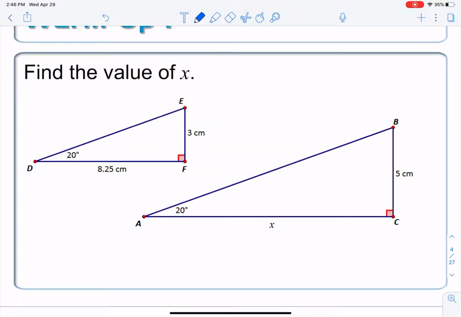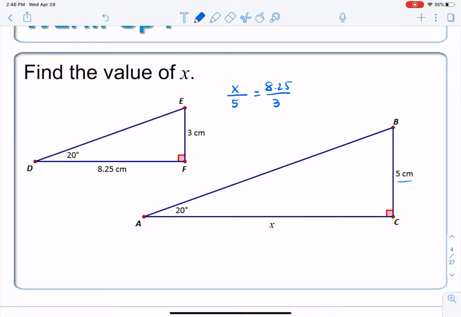Now, I can set up this proportion a number of different ways. The way that I'm going to choose to set it up is x, the side that I'm looking for, over the 5 that's right here, is equal to, and then I keep it in the same order, 8.25 centimeters over 3, right?